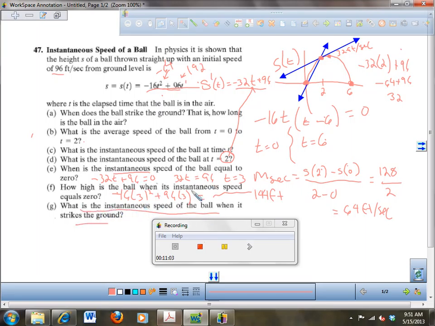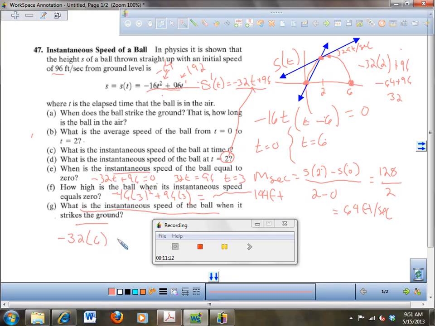And then the last thing says, what is the instantaneous speed of the ball when it strikes the ground? Which equation am I going to plug into? The derivative equation, because this is giving you the change in height over time, so this will give you the speed. So I'm going to plug in negative 32 times 6, because you want to know the speed right here.